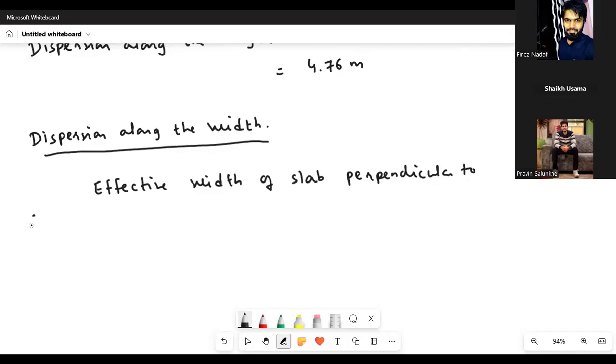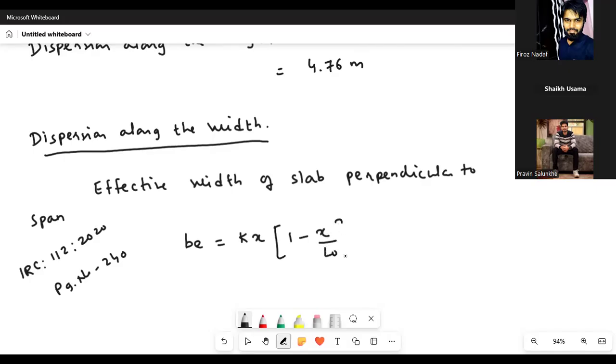This formula is given in IRC 112 2020, page number 240. Okay, so the formula is BE equal to K into X, bracket 1 minus X divided by L naught, plus BW. This formula is given. So we will try to understand what this formula is and what the meaning of this formula is, what we are getting from this formula. First we will see the terms in the formula.